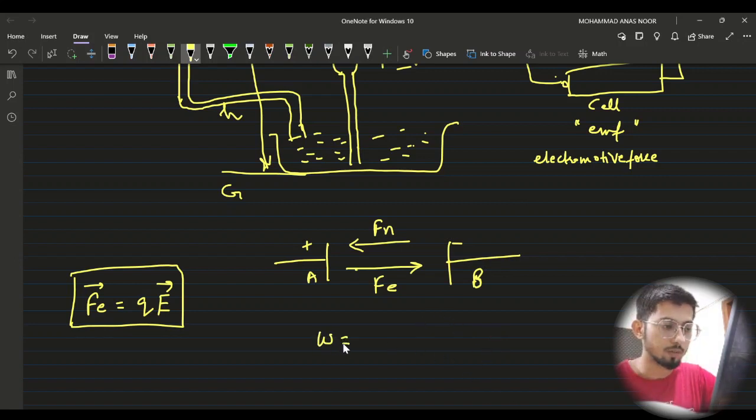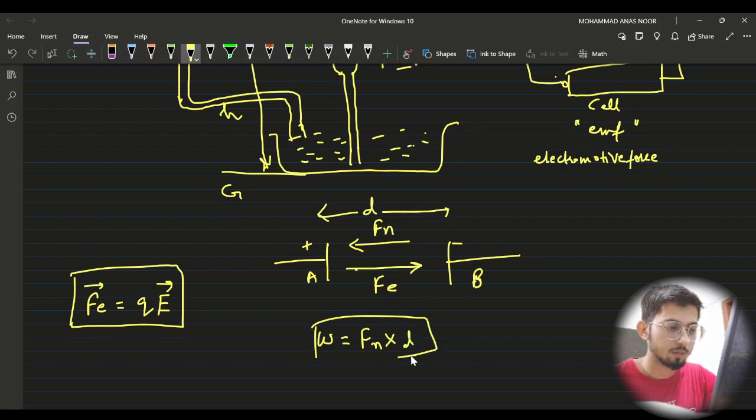Work is force into displacement, so Fn into the displacement. This is the work done.